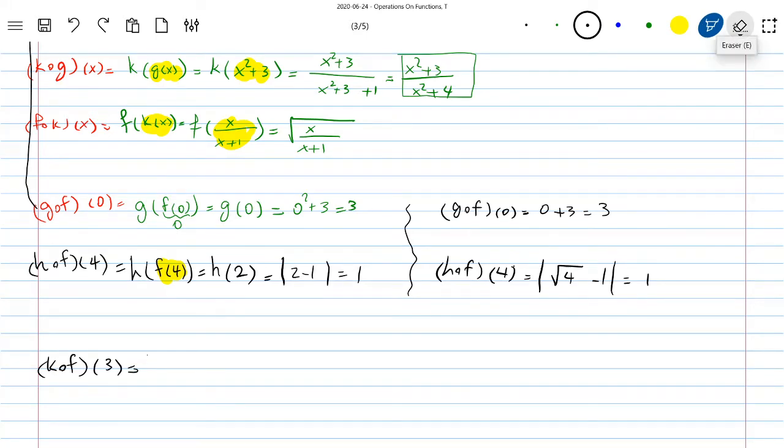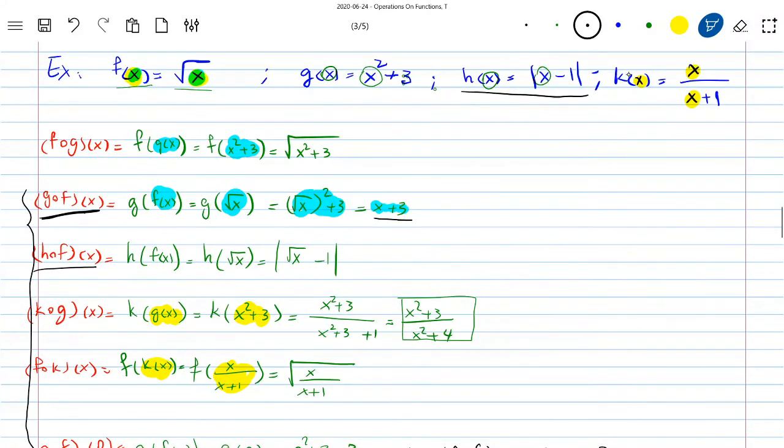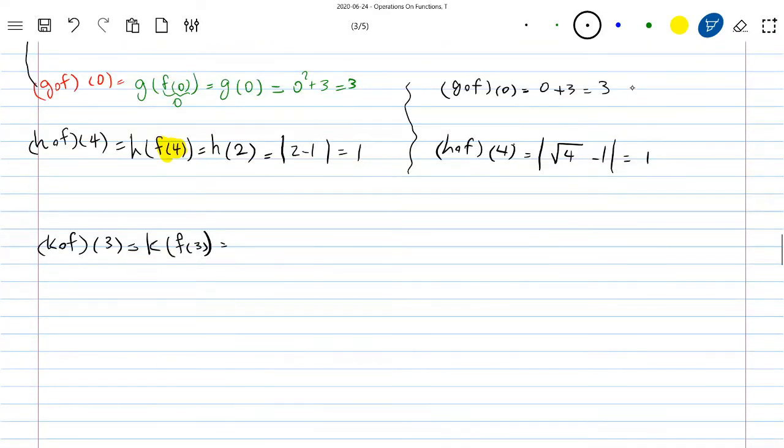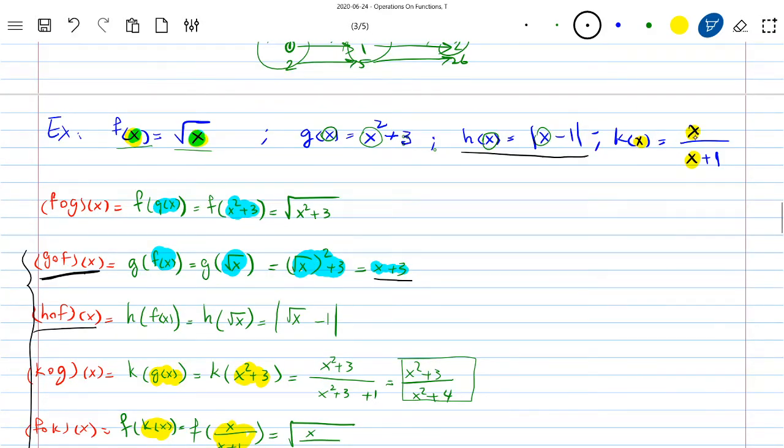So you have the option to see sometimes that you cannot simplify. This means k of f of 3. What is k of f of 3? Into the function f, replace 3. What you get is the square root of 3. So you get k of square root of 3, because f of 3 is simply the square root of 3. Now the square root of 3 goes as an input into k. In the k function, replace the square root of 3 for x.